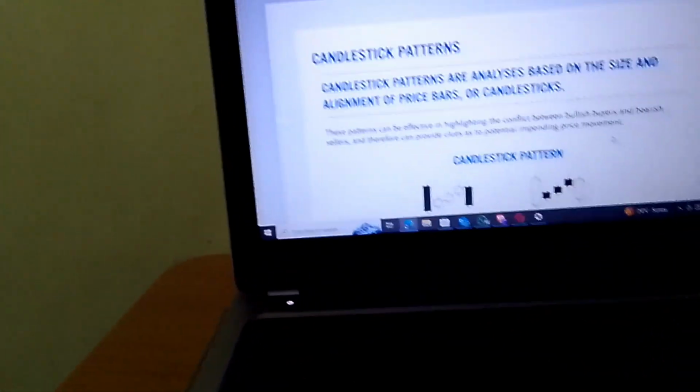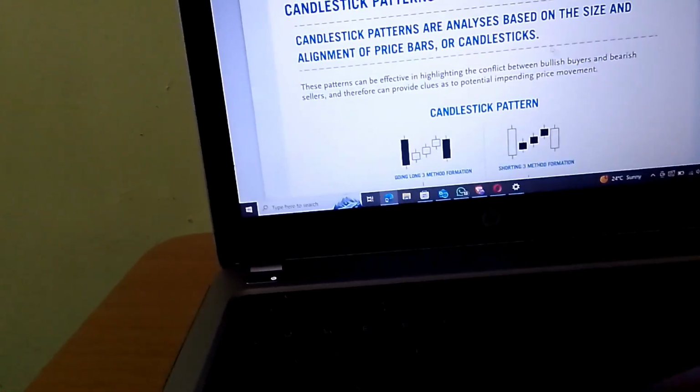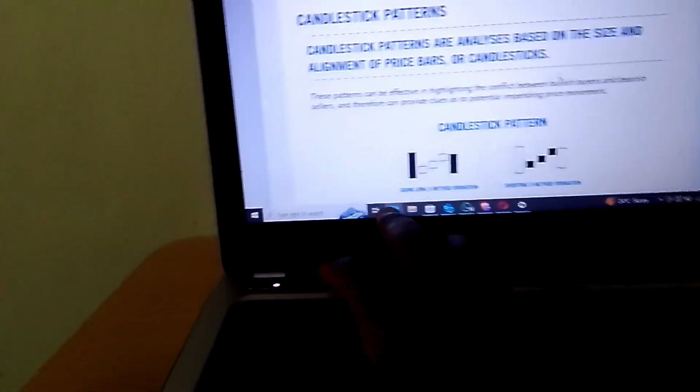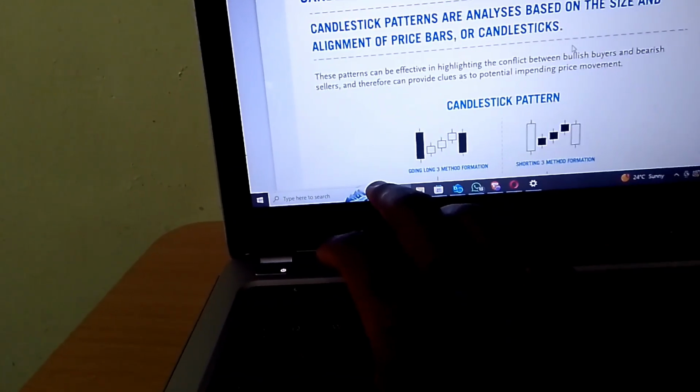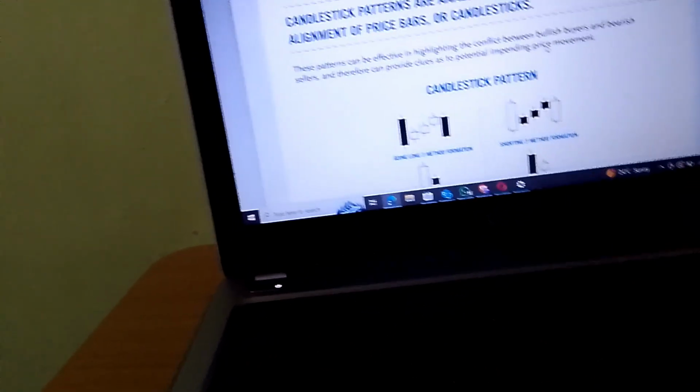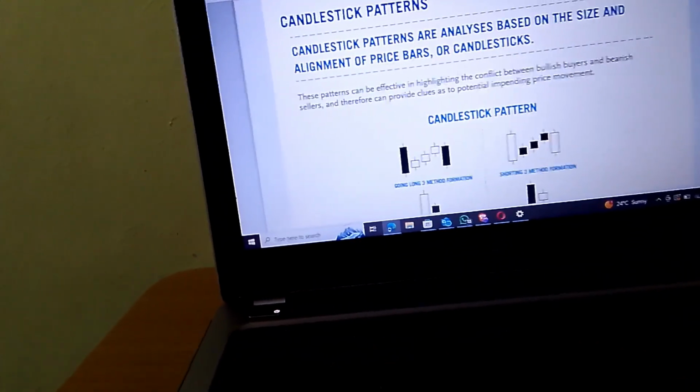So, candlestick patterns. Candlestick patterns are analysis based on the size and alignment of price bars.